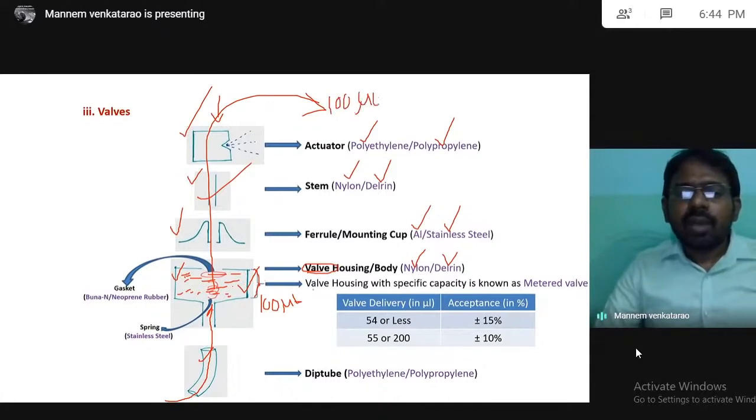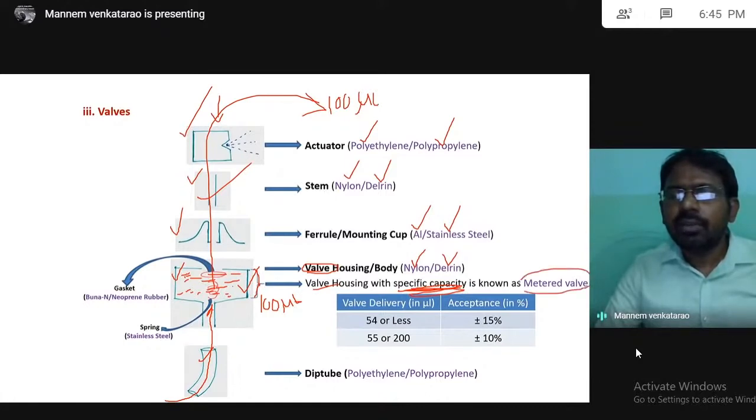Any valve housing having a specific capacity or volume marked on it is called a metered valve. Actually, a metered valve is simply a valve housing with a specific capacity. On the label they mention the volume of that chamber, and that much product is stored and ejected upon pressing the activator.